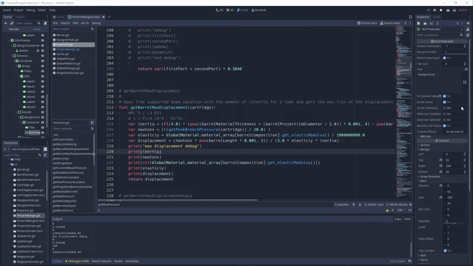So here we have 2.9. 1, 2, 3, 4, 5, 6, 7, 8.